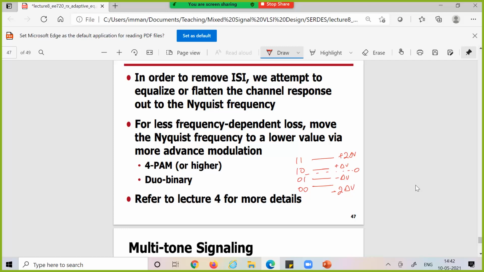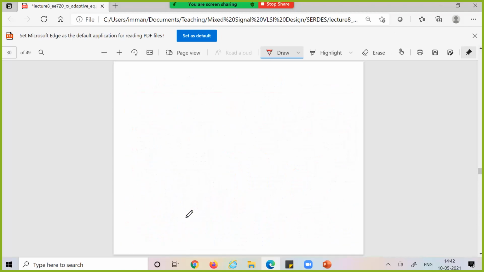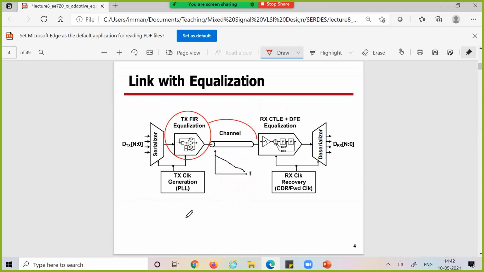Okay, so tomorrow's first hour will be there, and hopefully that will be the last lecture. In tomorrow's lecture we will be looking at CDR. Okay, so if I just scroll up, in this one, this is the serializer, which of course we know is nothing but a mux. Clock generation, this is a standard PLL, right?